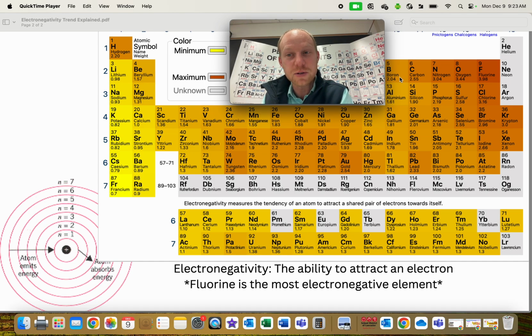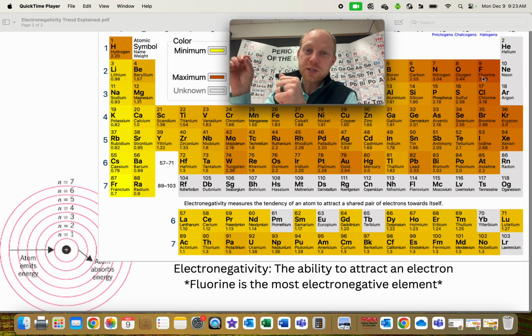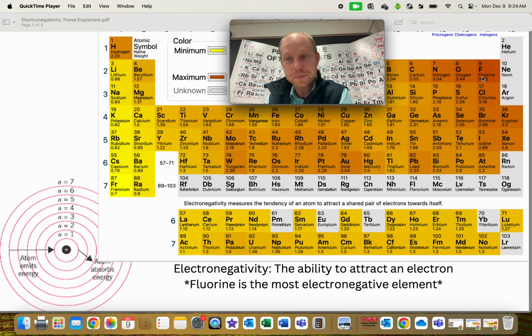Electrons and protons are attracted to each other. So you get a stronger pull on those negative electrons. If you're an atom and you see another electron floating by, it's very easy to suck it in if you have more protons, that stronger pull.